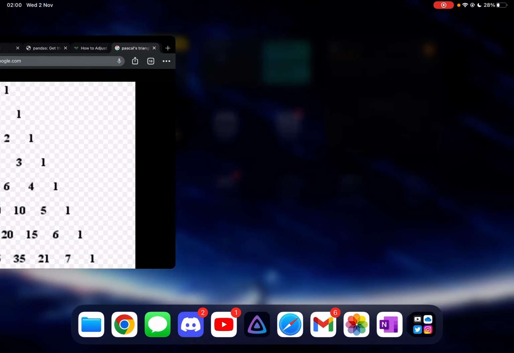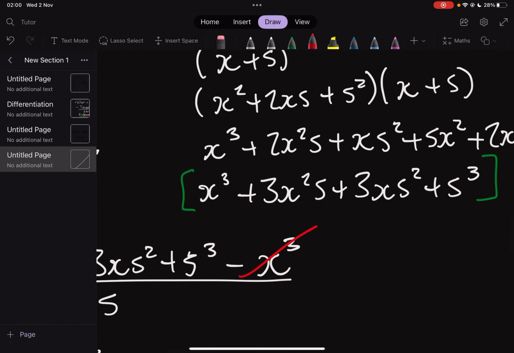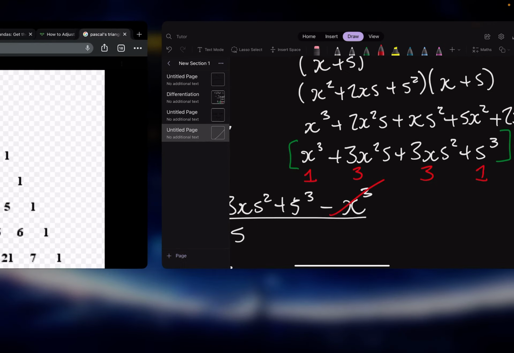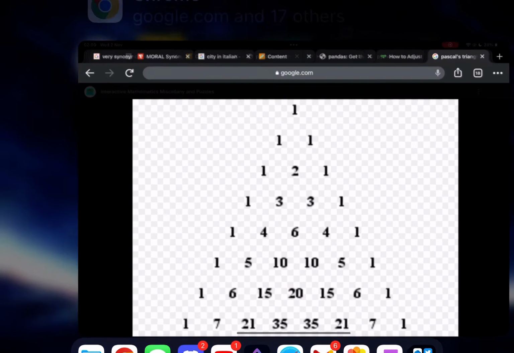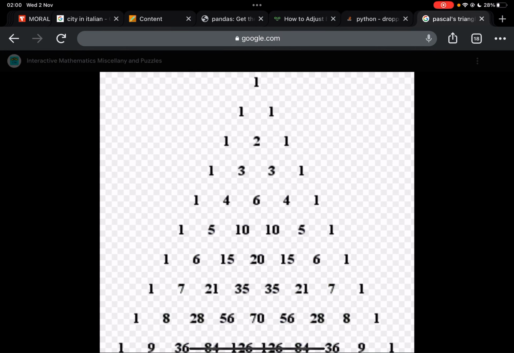So you'll notice with the x cubed example we have 1x cubed, 3x squared s, 3x s squared, and then 1s cubed. And with the x squared one, it's just x squared plus 2xs plus s squared.